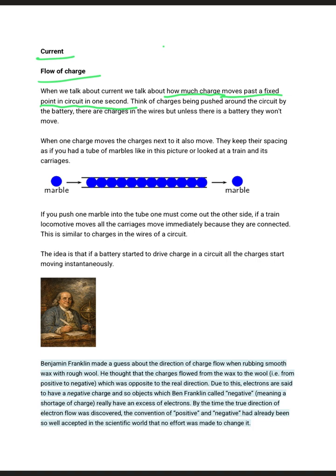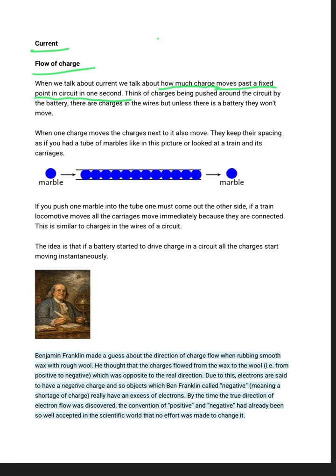There are charges in the wires, but unless there is a battery, they won't move. So you can think of this as a wire, and the marbles represent charges. These charges move in this direction and push each other, and the flow of those charges is what we call electricity.